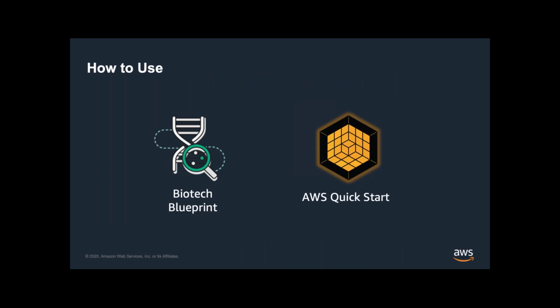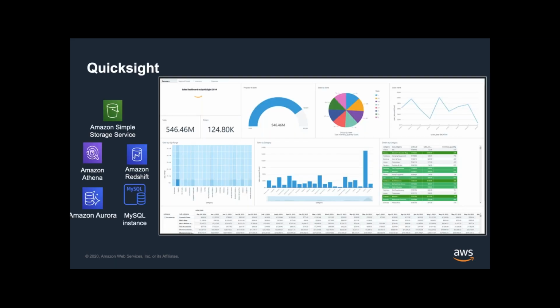Once you make it through using Hail, or you want to do wider phenotypic analysis on your data, visualization can definitely be a helpful element in doing that tertiary analysis. Amazon QuickSight is a really fantastic place to start in doing analysis on wide data. QuickSight allows you to utilize data that's available in S3, Athena, Redshift, and RDS, and provide really quick and easy visualizations that you can share across your entire team.